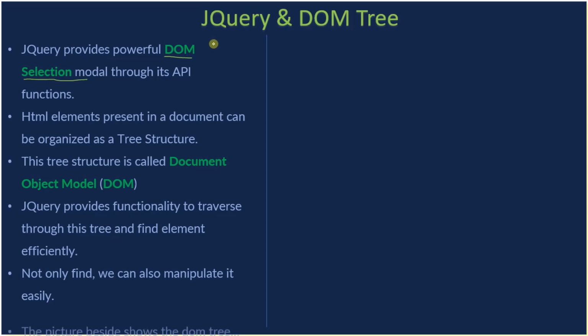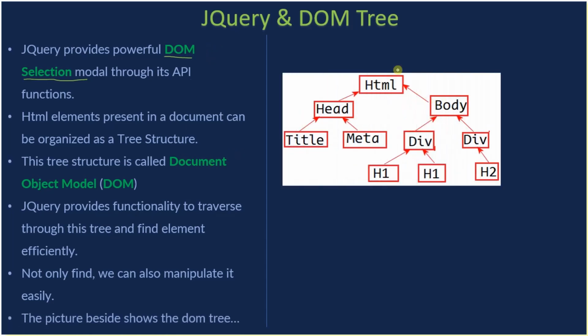So we are talking about the DOM tree. Now let's look at the DOM tree here. If you see, we have HTML, and we know that HTML is the topmost element in any HTML document, right? So HTML contains head, and head contains title and meta.